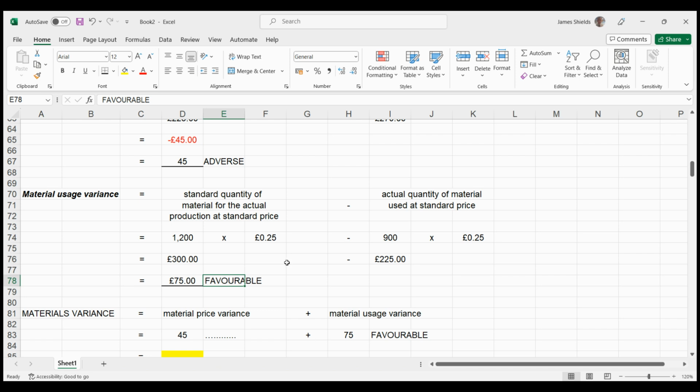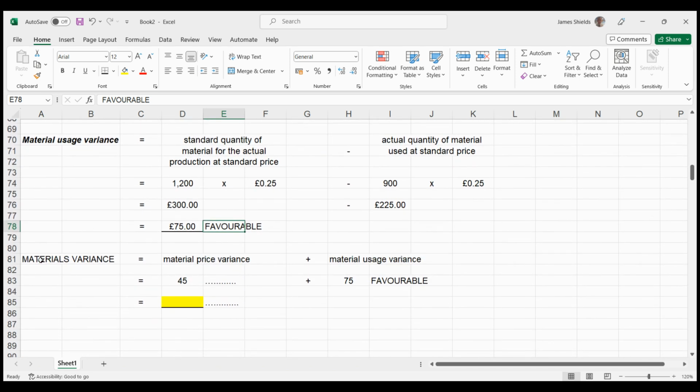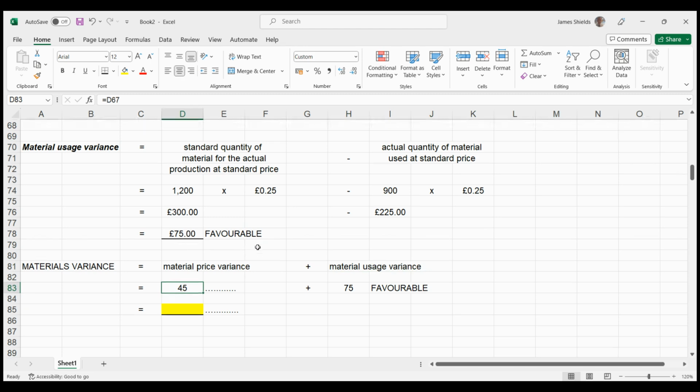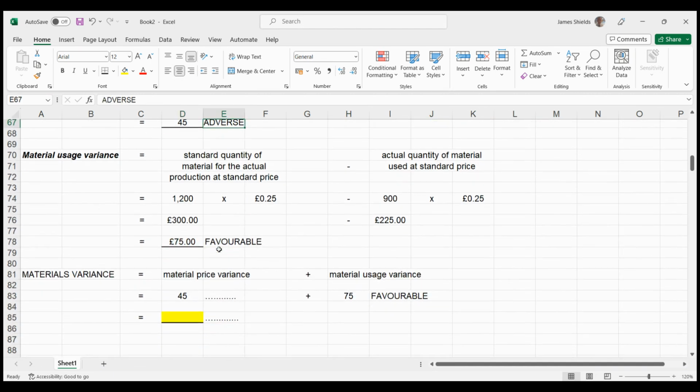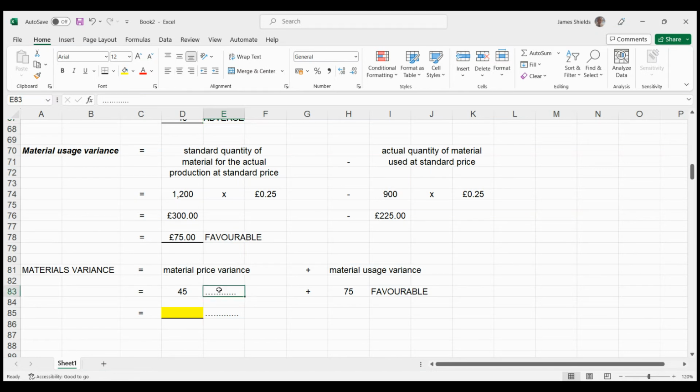Now we can check if we've done it correctly, because the materials variance is a combination of the two, the material price variance and the material usage variance. So the material price variance is £45 adverse. And the materials usage variance just worked out was £75 favourable.